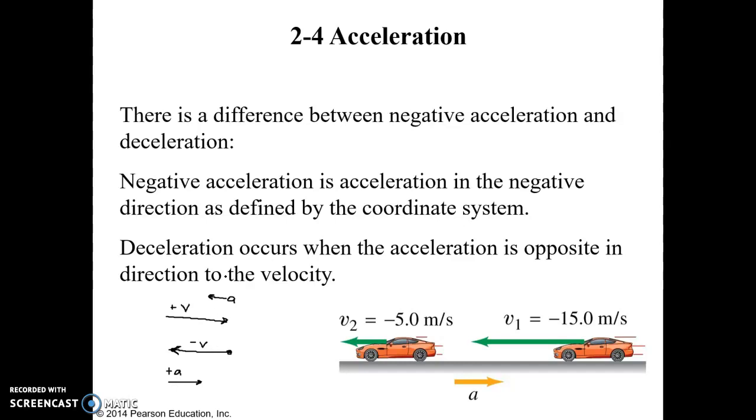So basically, deceleration has to do with not whether it's going to the right or to the left, but how its direction is related to the velocity, whereas negative acceleration is all about reference to the coordinate system. So if we're going to the left here, that's a negative acceleration, and that's positive acceleration to the right.